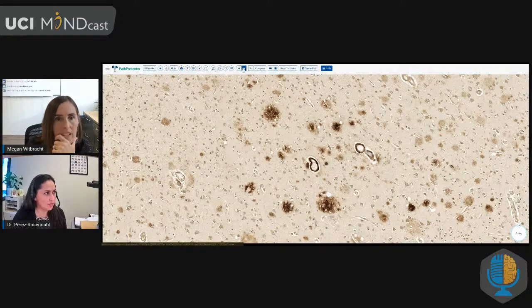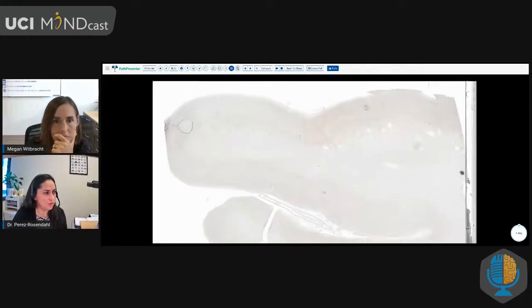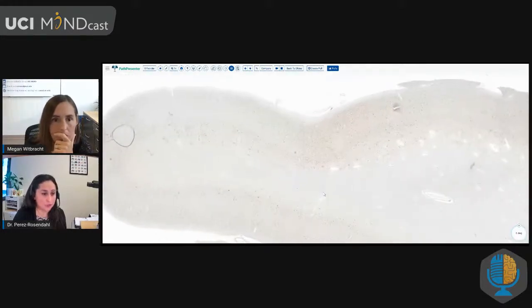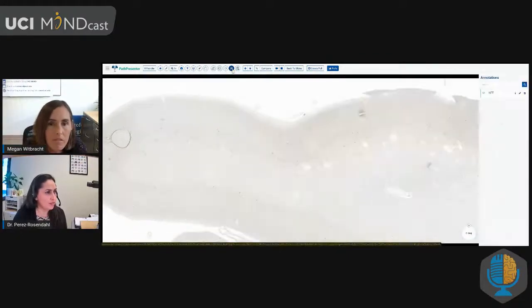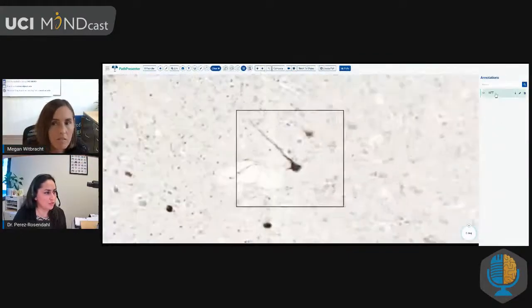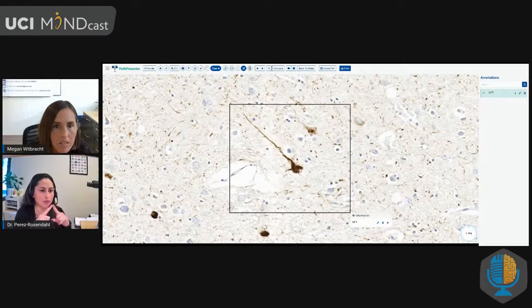And so the second thing I need to show you is what's known as tau tangles or neurofibrillary tangles. Now, I found the most perfect one to show you right before this, and I circled it here. Now, remember that our neurons have a pyramidal or triangular shape. Most of them do.